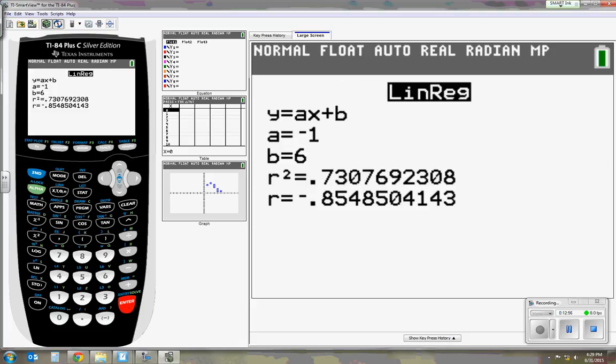Okay, and now it's giving me some pieces of information. It says y equals ax plus b, and I've given you the a is -1, the b is 6. So I can write the equation y equals -x plus 6. That's our equation. And our r value, which is right here, is -0.85. So let's write those down.